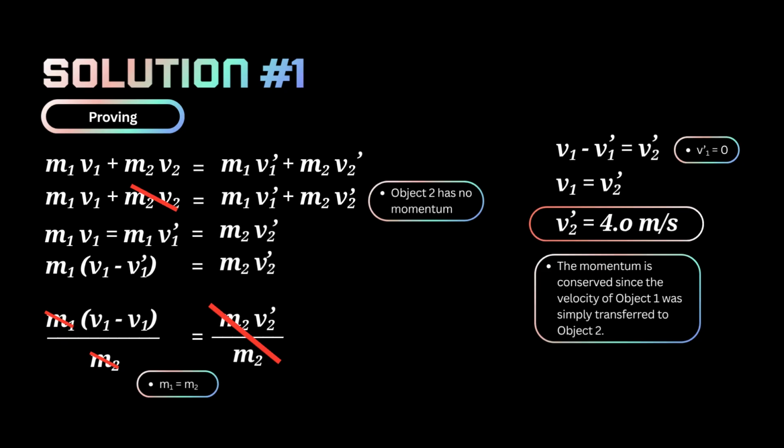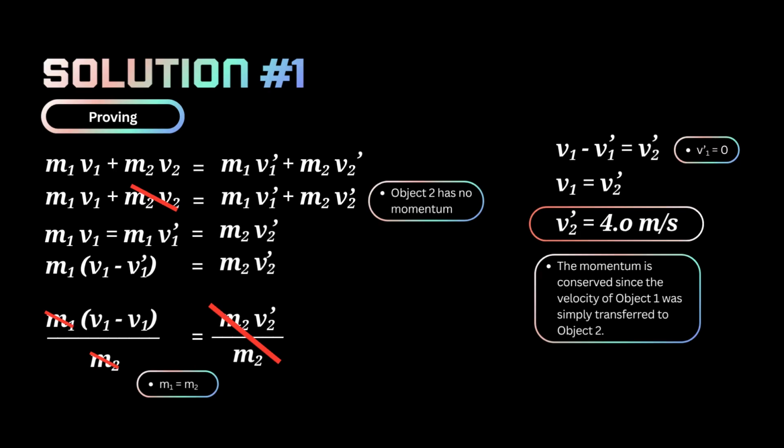This is why we see the equation m1 v1 plus m2 v2 is equal to m1 v1 prime plus m2 v2 prime. The equation signifies that initially the three ball had no momentum.